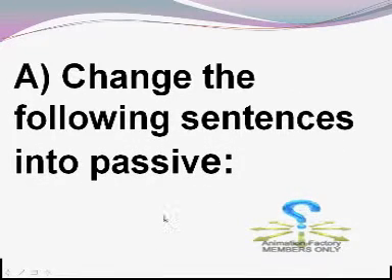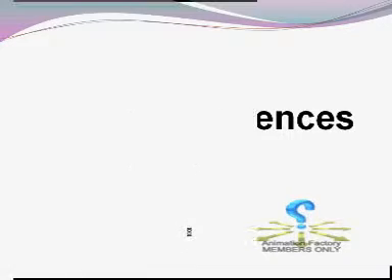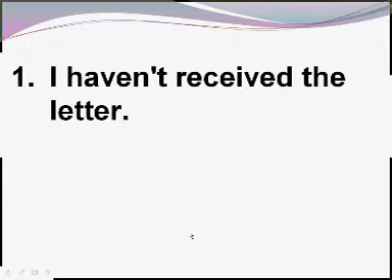Okay, time for questions. Change the following sentences into passive. Number 1. I haven't received the letter. Always think, find the object, then start with that. So we start with the letter.